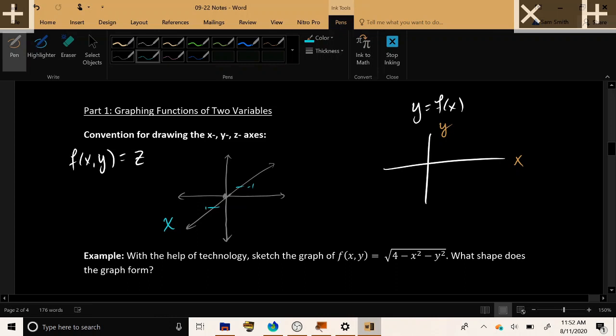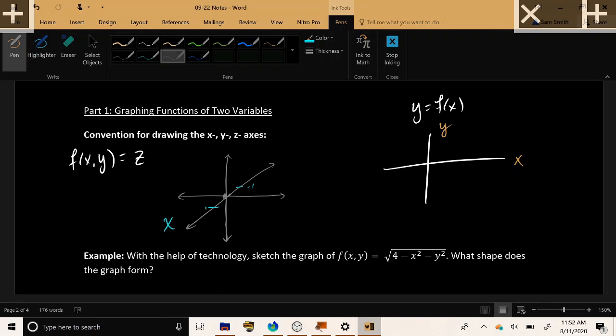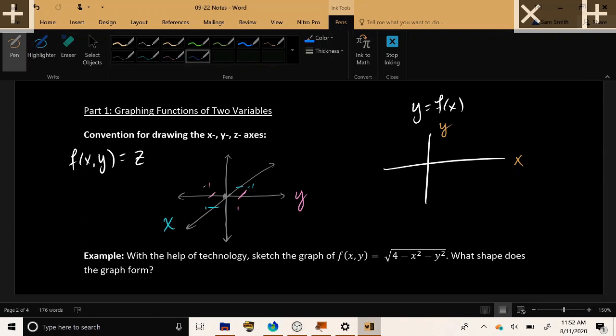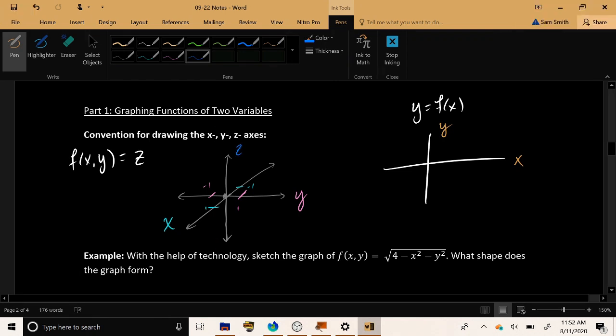Now, where is the y-axis located? The y-axis is located on the right-hand side. X is coming toward us, y is off to the right, and the positive y direction is the right-hand side. So this would be y equals positive 1, and here is y equals negative 1. And then finally, the up-down axis, the vertical axis, represents the z-coordinate.